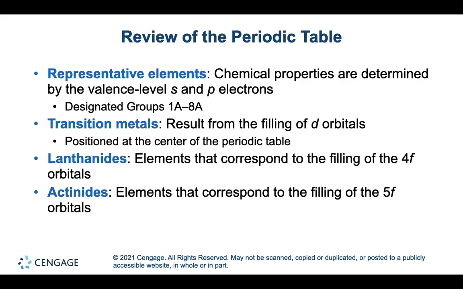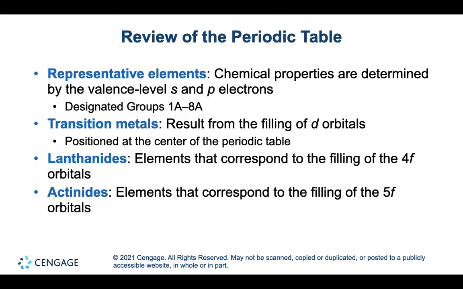The transition metals fill up the d orbitals, but those d orbitals are always one layer below the valence electrons, and so d orbital chemistries are often not as involved. They can be involved in bonding, but they're less involved in bonding. The transition metals are at the center of the table. So the representative elements are the s and p electrons. Remember, the left two columns are the s block and the right 6 columns are the p block.